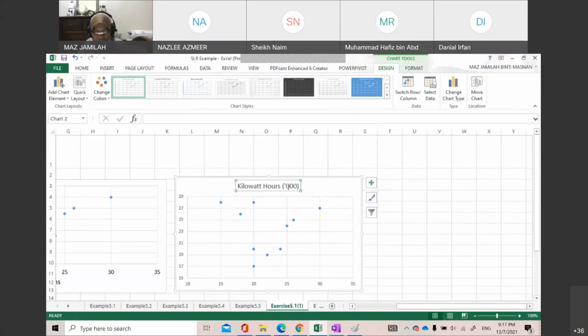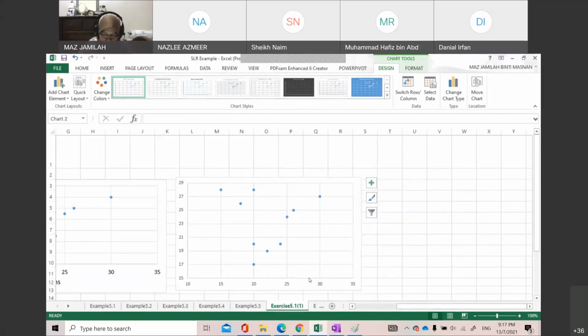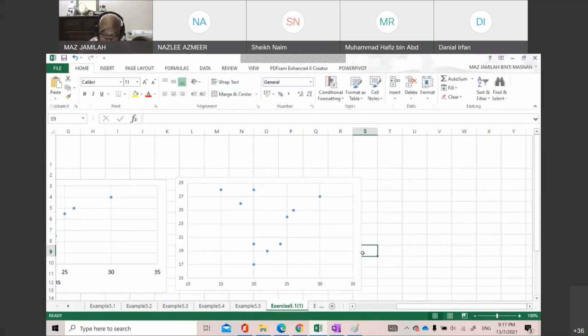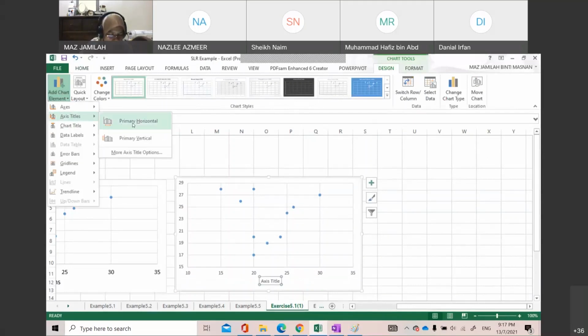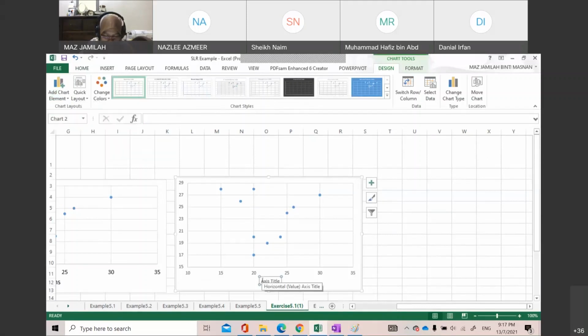So I don't want the title, but for your project, you can put the title. I want to put the axis titles on my graph, so go to Add Chart Element, go to X, and then let's say this is your number of rooms.